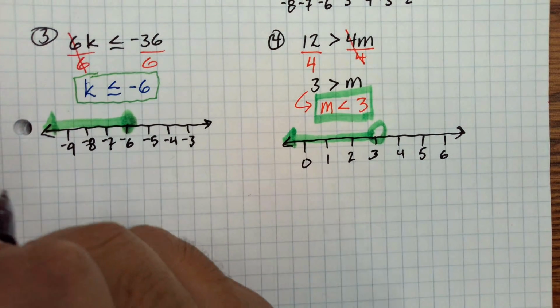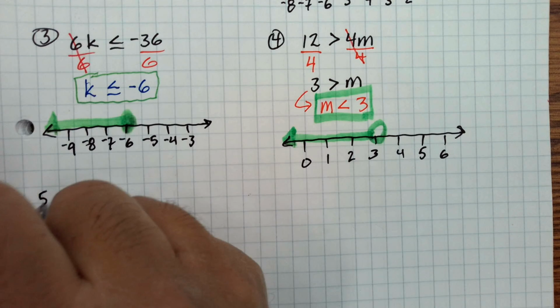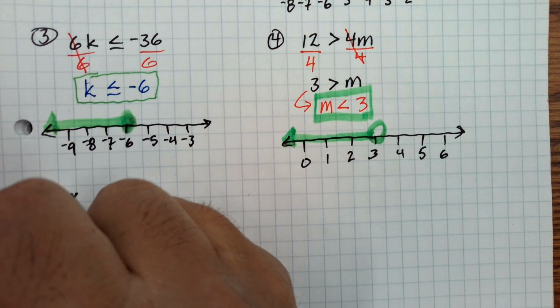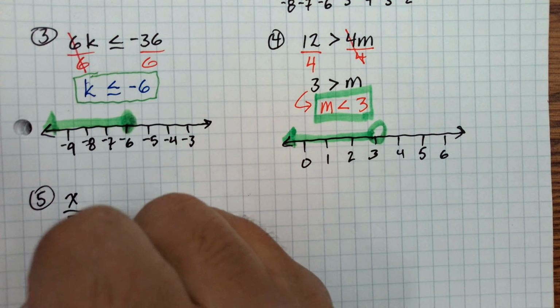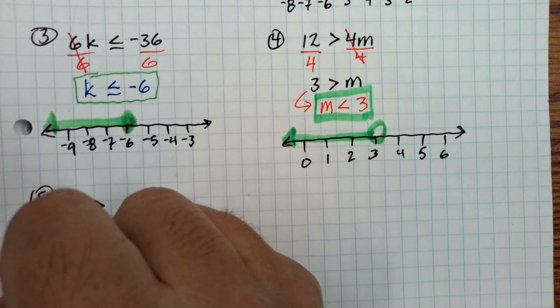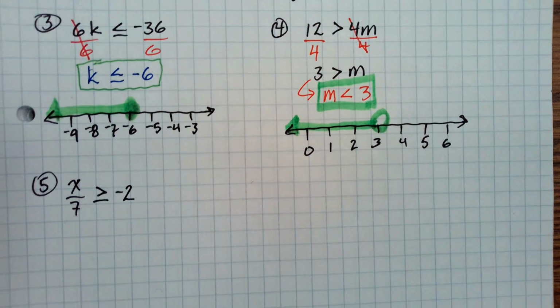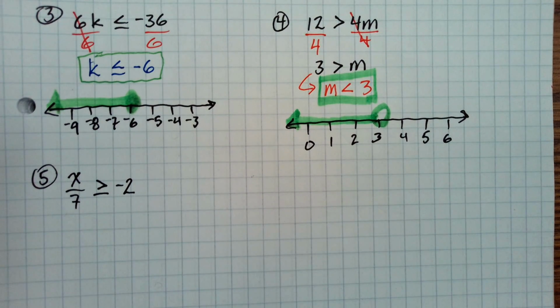Number 5. All right, here we go. x sevenths greater than or equal to negative 2. So x divided by 7 is greater than or equal to negative 2. Okay. This time it's division. Its opposite or inverse is multiplying.